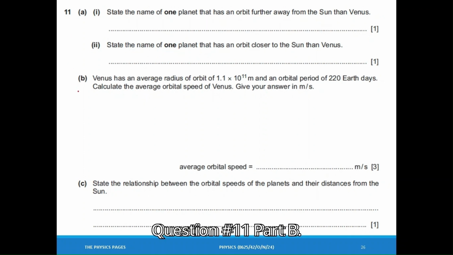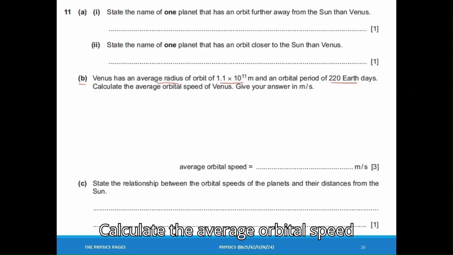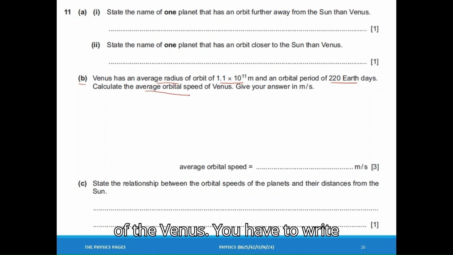Question number 11. Part B. Venus has an average radius of orbit 1.1 by 10 to the power 11 meters and an orbital period of 220 Earth days. Calculate the average orbital speed of Venus. You must write your answer in meters per second.